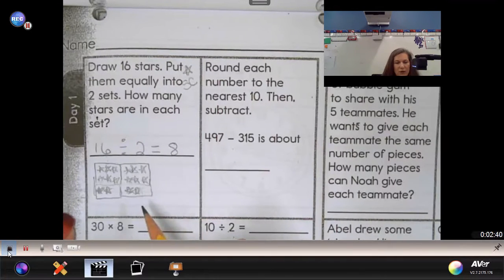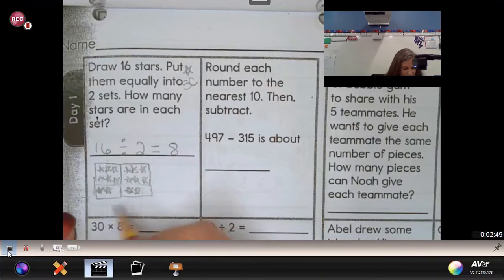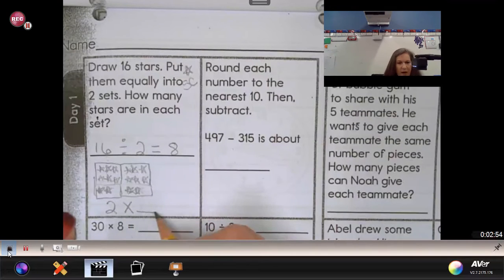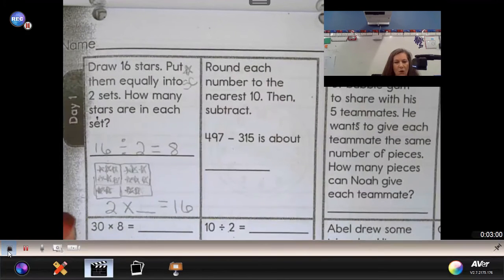It's making sure that we understand that division is an unknown of our multiplication. So when we started this, we knew that we had 2 groups. However, we did not know how many objects were in each group, but we did know that there were 16 as a total.